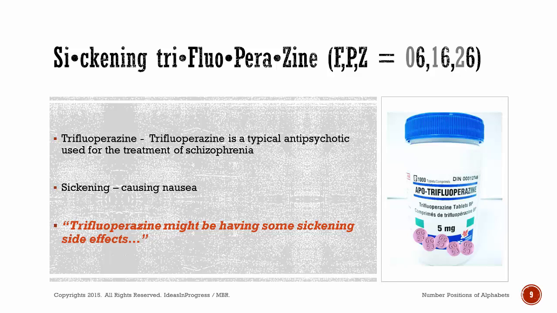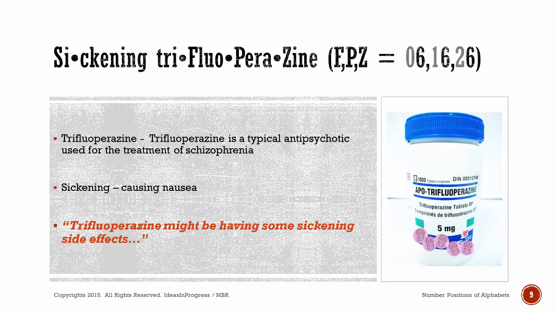The sixth combination was FPZ. Its position was 6, and the mnemonic was Sickening FluoPeraZine. Again, not an easy word, not a common word, but this was the best that I could find that fits the combination FPZ.